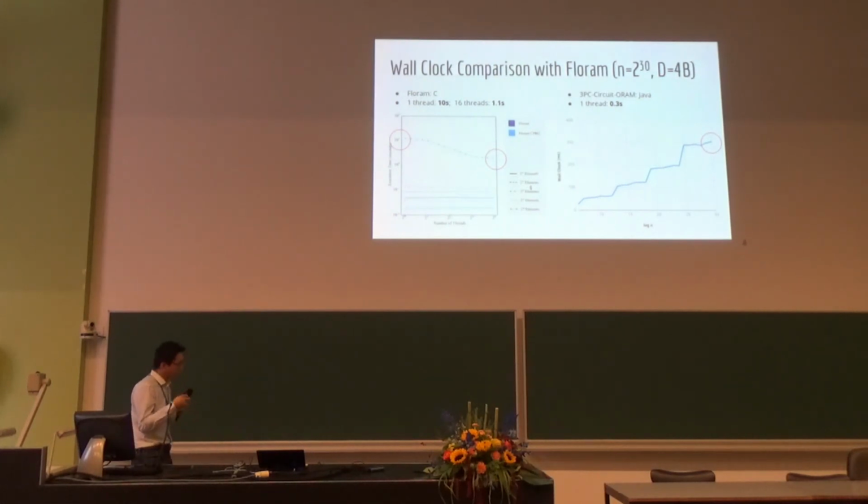Recall that Floram actually has linear complexity for the computation, even though this local computation can be highly parallelizable. For very small data size, D equals 4 bytes, and N equals 2 to the power of 30, for a single thread the time is 10 seconds, and with 16 threads it still needs about 1.1 seconds for a single access.